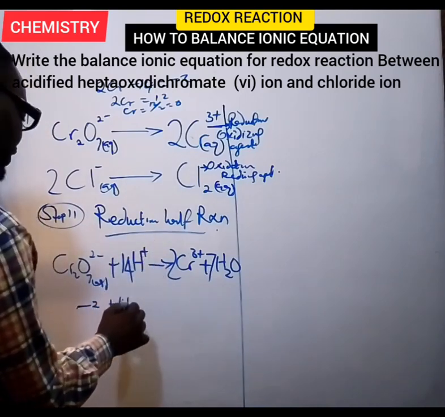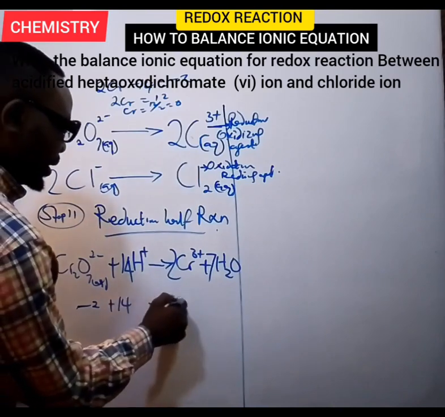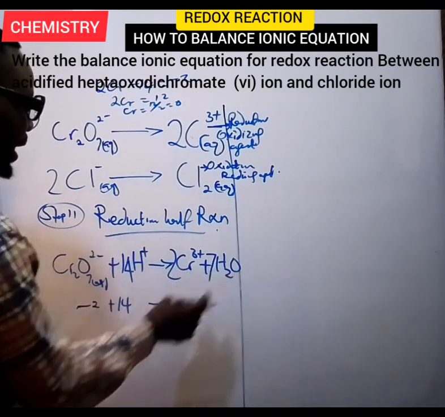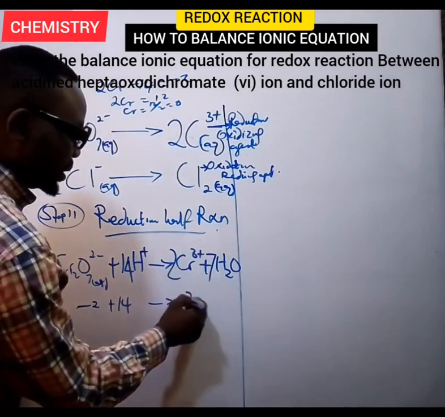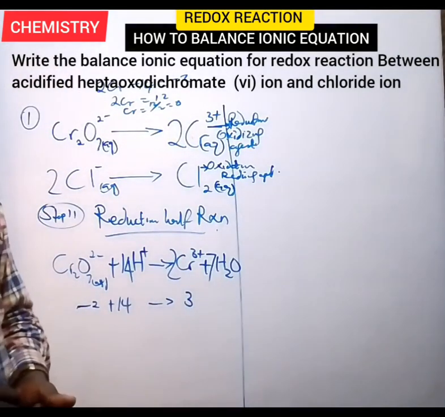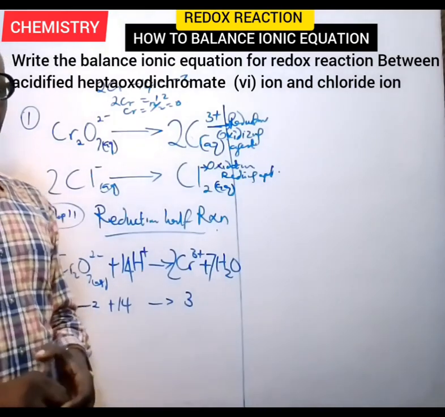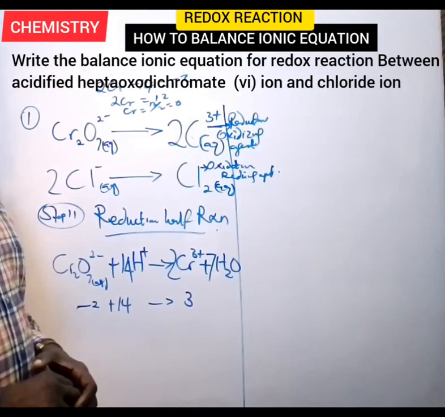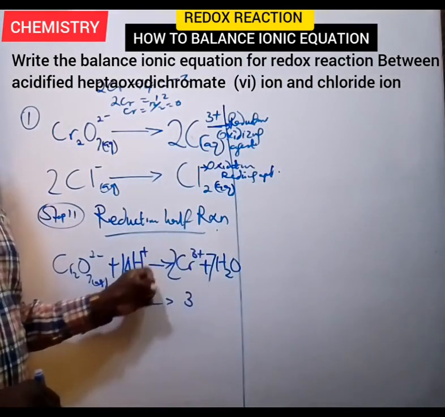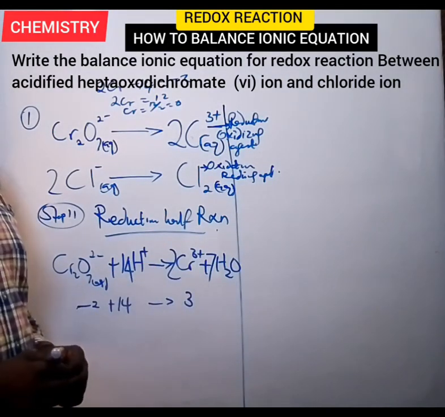Then on the right side, that is the product side, you have the balancing of what? That's going to be just 3, that is 3 times 2, because the Cr3+ ion here is multiplied by 2.